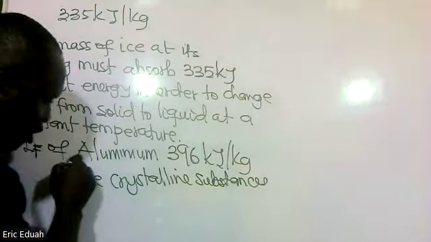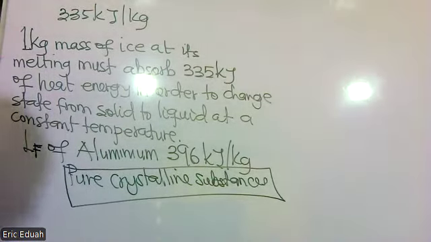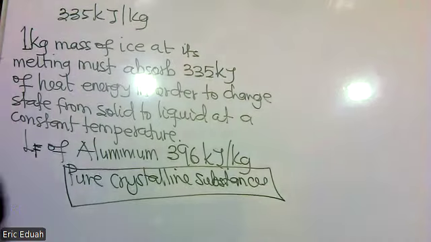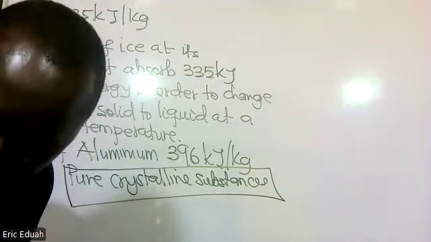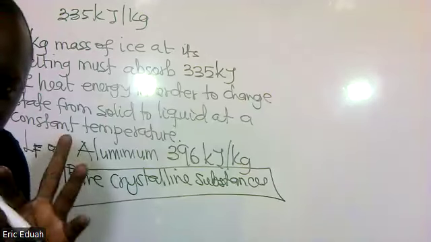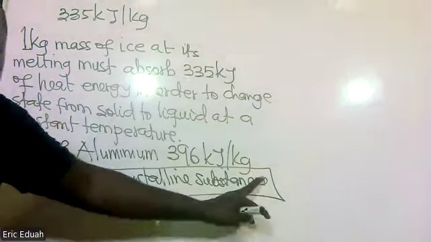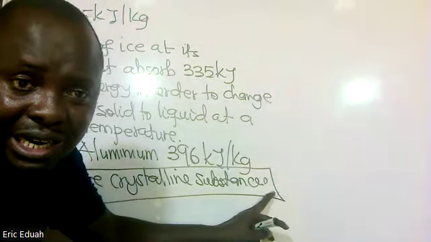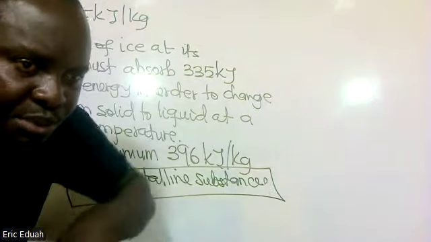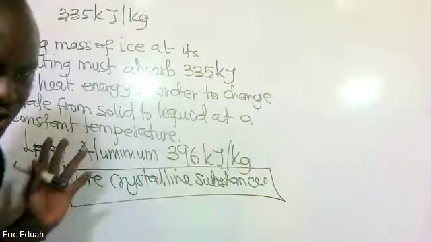For pure crystalline substances, if it is not alloyed, or if the substance is not mixed with any atom, the amount of heat energy that must be absorbed by 1 kilogram mass in order to change from solid to liquid, the same amount of heat energy must be liberated, given out to change from liquid back to solid.